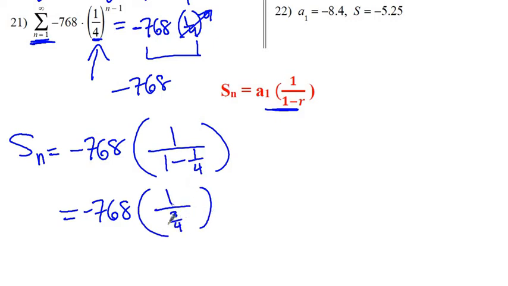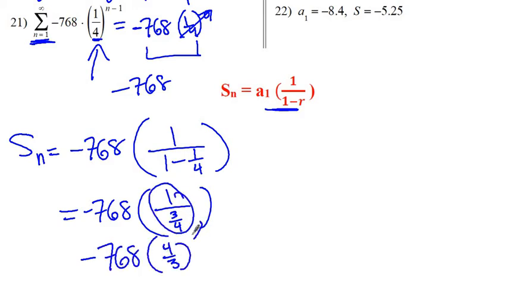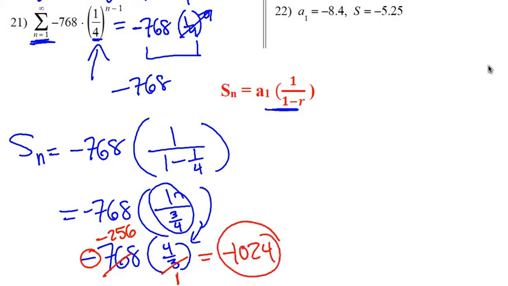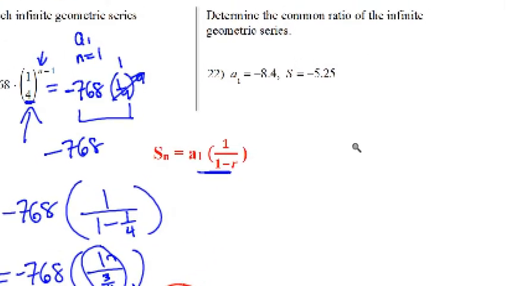And then again, dividing by 3/4 is like multiplying by 4/3. So this thing in parentheses just becomes 4/3. Then we should be able to cancel. So 3 goes into itself once, and 3 goes into negative 768 negative 256 times. Negative 256 times 4 is negative 1024, and that's the sum of that infinite series in sigma notation.